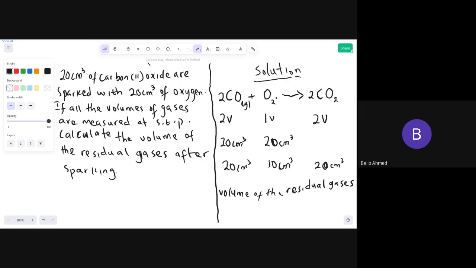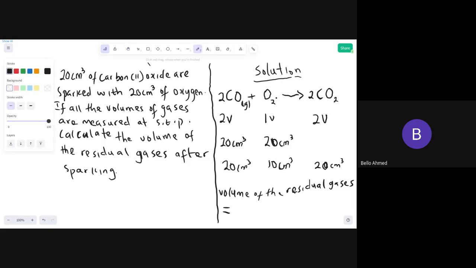is going to be equal to, since only 10 reacted, it's only 10 of oxygen that did not react, 10 cm³. So the volume of the residual gases is going to be unreacted oxygen.